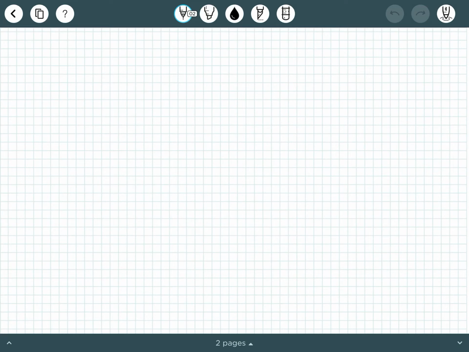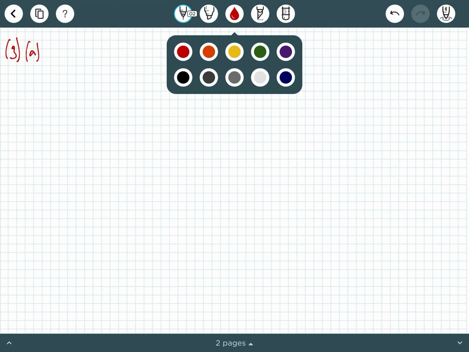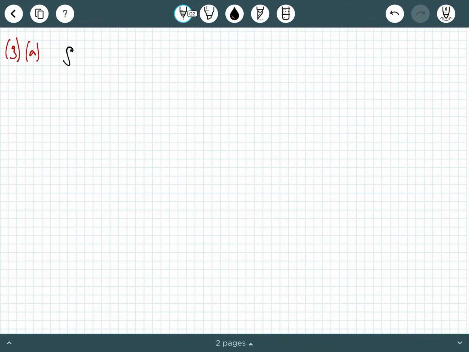So question 3 says calculate, correct to one decimal place, the radius of a sphere. So we're looking for the radius of a sphere with a surface area of 200 centimeters squared. Okay, so this is question 3, part A. They're telling us that the surface area of a sphere is equivalent to 200 centimeters squared.